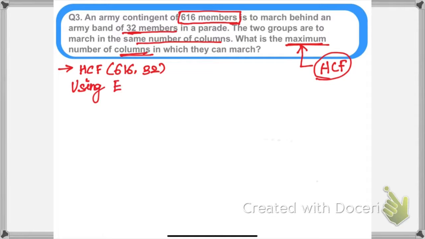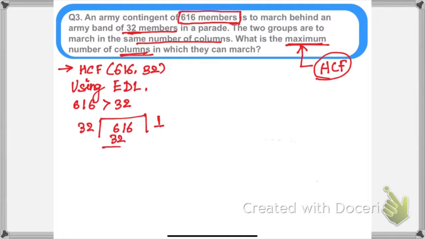So using Euclid's division lemma, we can write it as 616 is greater than 32. So dividing 616 by 32, what we will get? 32 into 1 is 32, and here you will get 29. Taking this 6 down, you will get 296. 32 into 9 will give you the result as 288.